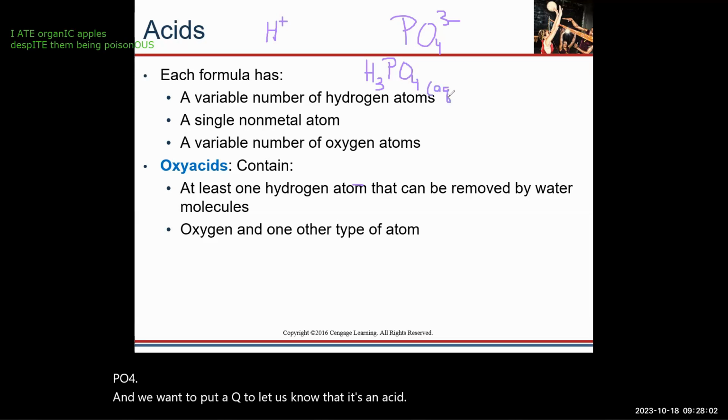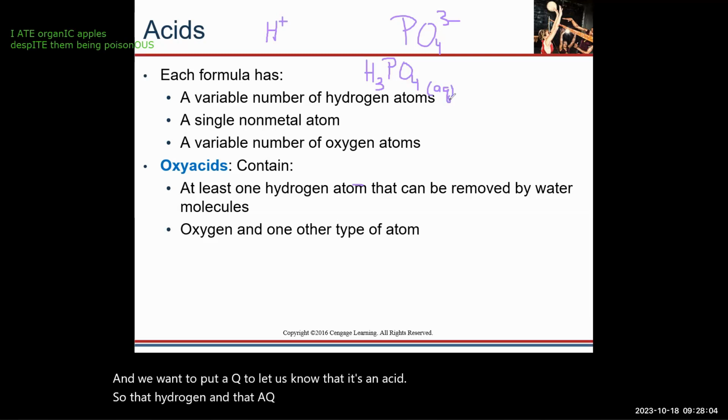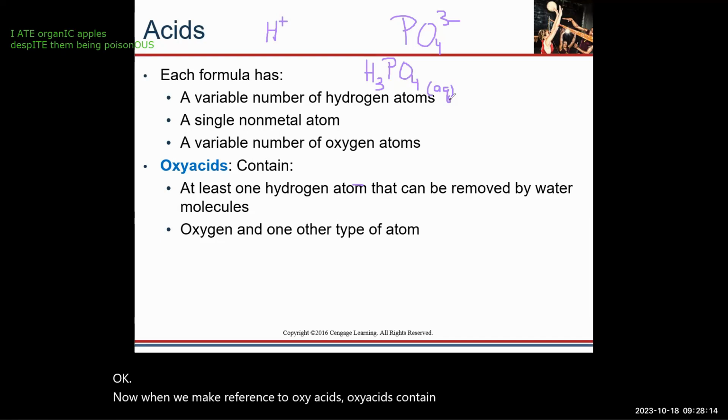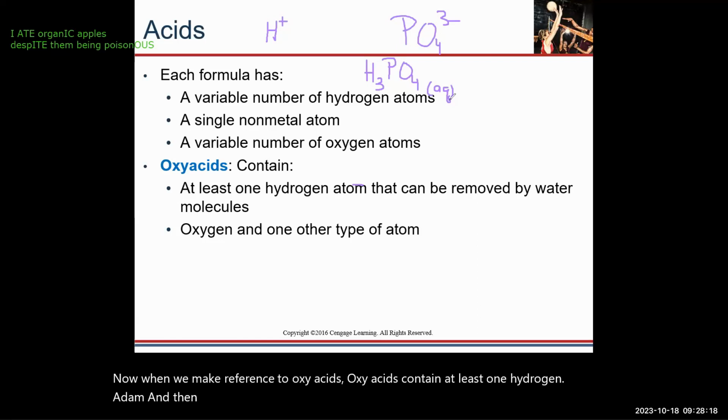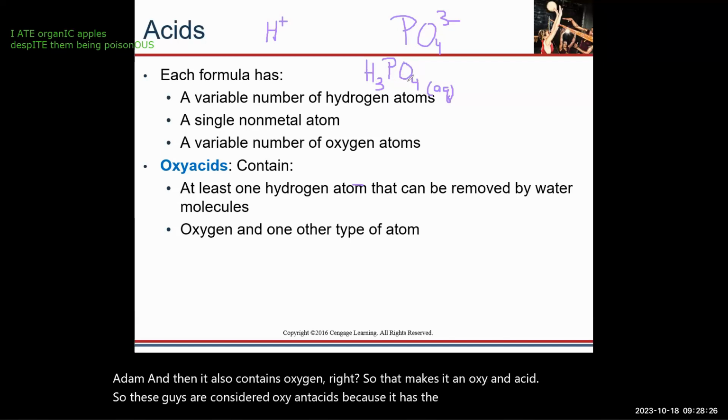So that hydrogen and that aq lets me know that it's an acid. Now, when we make reference to oxyacids, they contain at least one hydrogen atom, and they also contain oxygen, right? So that makes it an oxyacid. These guys are considered oxyacids because they have the hydrogen and they have the oxygens.